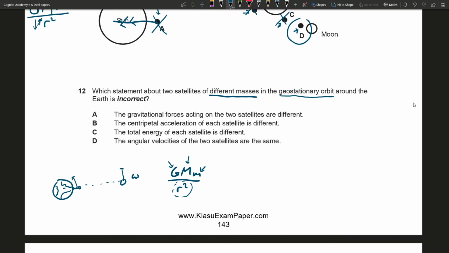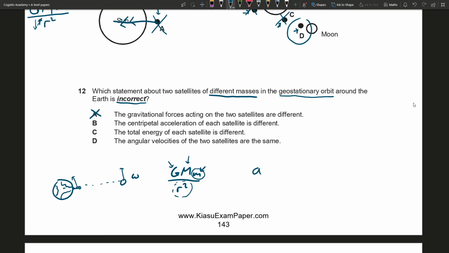But the masses m of the satellites themselves are different. So the gravitational forces are indeed different. A is correct, but we're looking for an option that is incorrect, so A is not our answer. B: the centripetal acceleration of each satellite is different. Let's try to recall the centripetal acceleration.